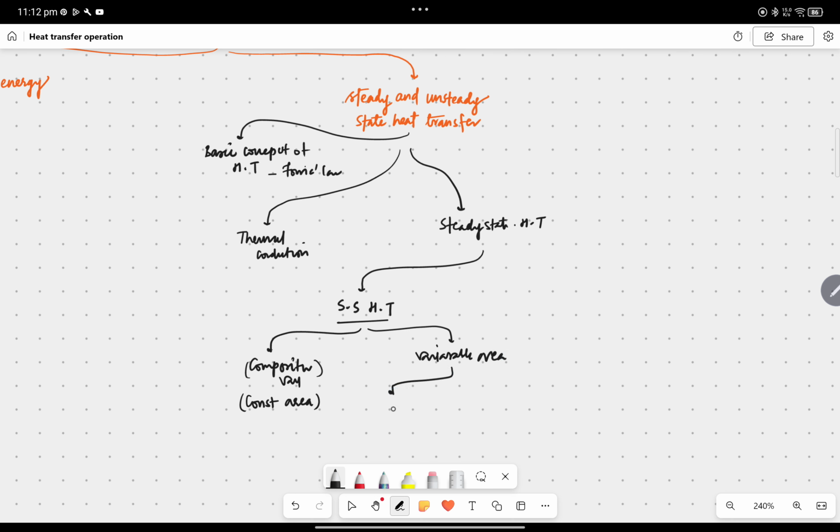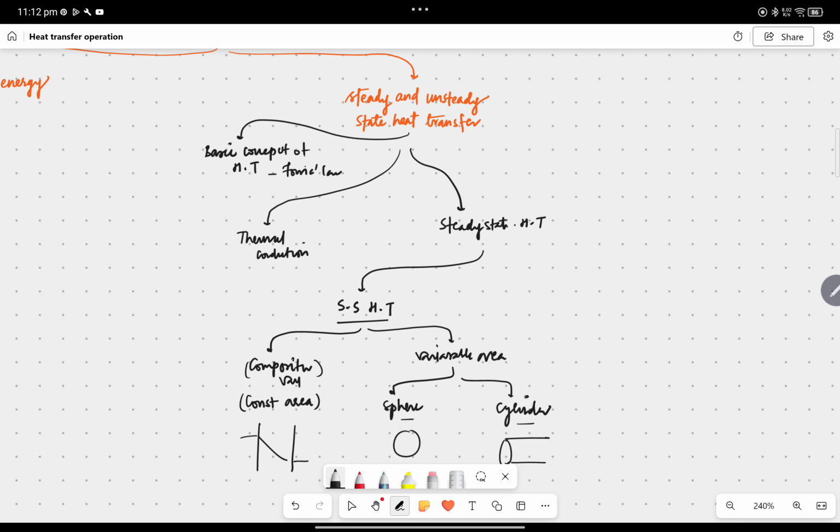In variable area, what do we study? Steady state heat transfer in a sphere and in a cylinder. Are you getting it now? Here the area is variable in a sphere and cylinder, and in a composite wall you may remember this concept, like this we draw the graph, and for a sphere and for a cylinder this is what we do.